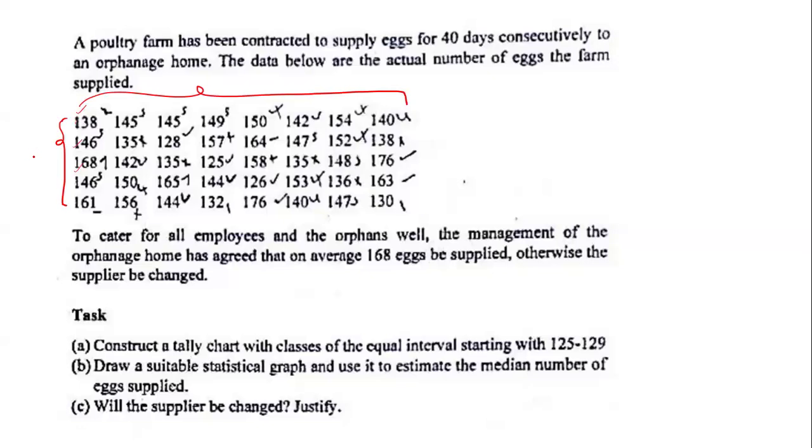Like 1, 2, 3, 4, 5, 6. Then times 1, 2, 3, 4, 5, 6, 7, 8. Then 6 times 8, the answer you get. Count again. Here I'm saying 5. Okay. 1, 2, 3, 4, 5.